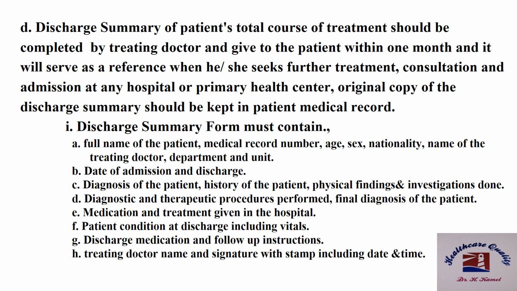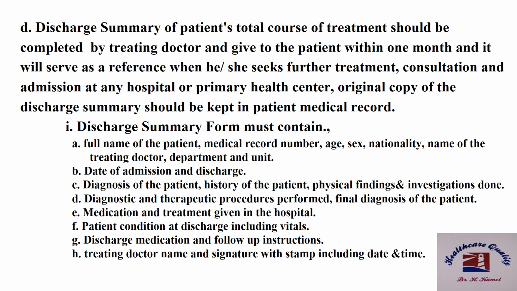Discharge summary form must contain full name of the patient, medical record number, age, sex, nationality, name of the treating doctor, department, and unit. Date of admission and discharge, diagnosis of the patient, history of the patient, physical findings, and investigations done.